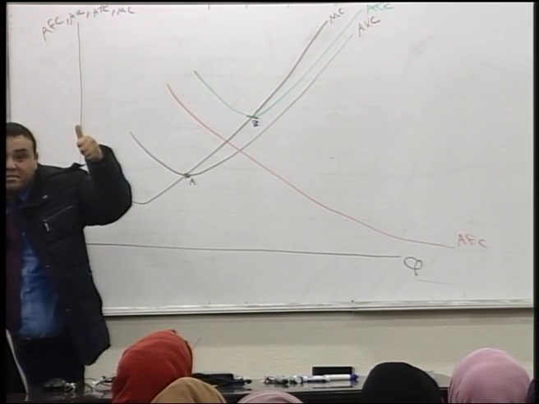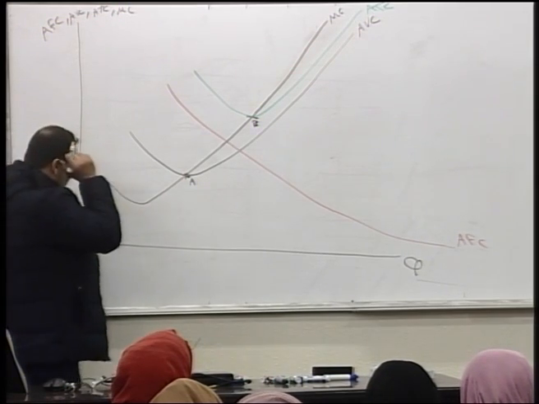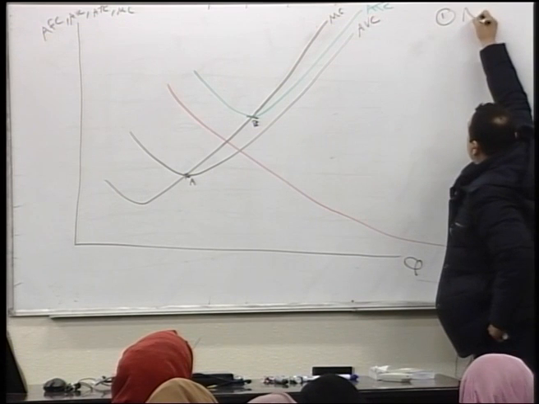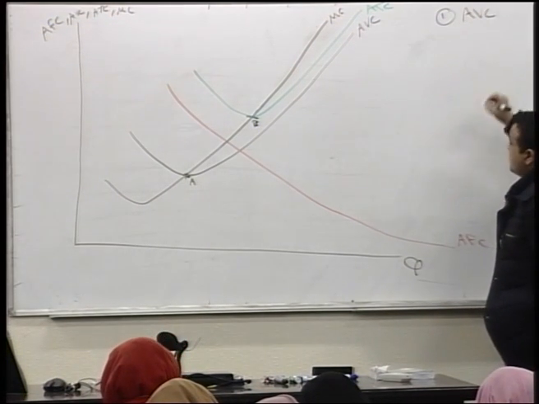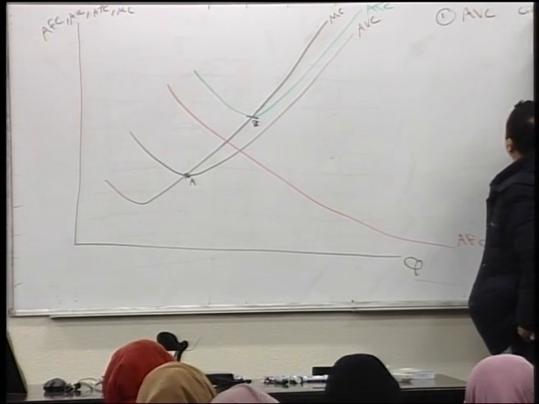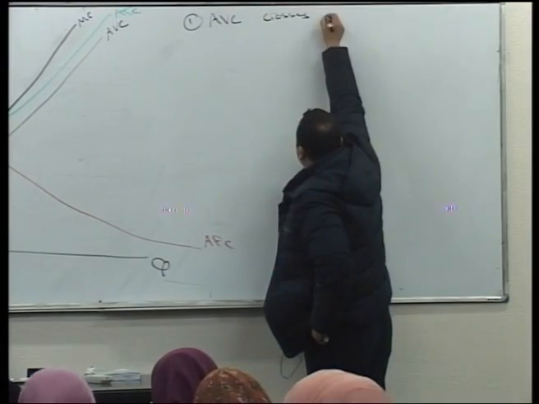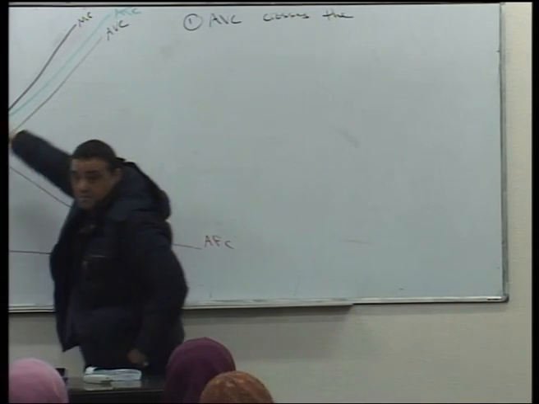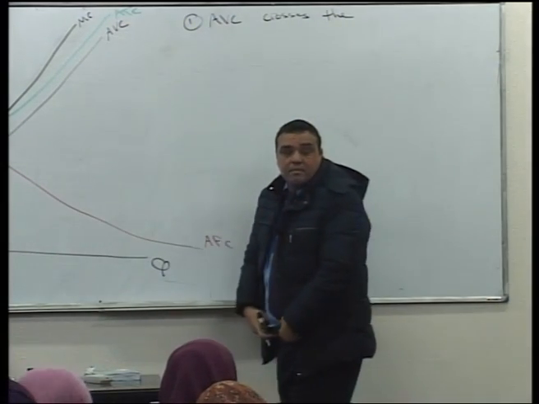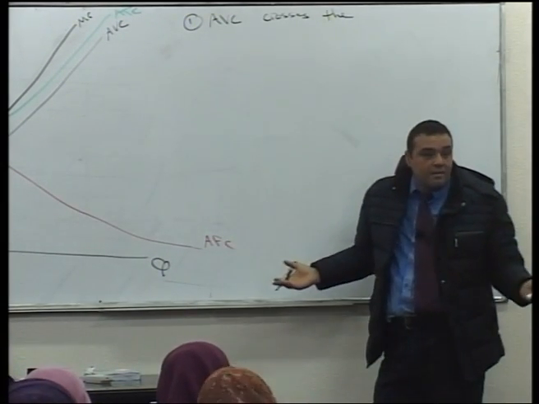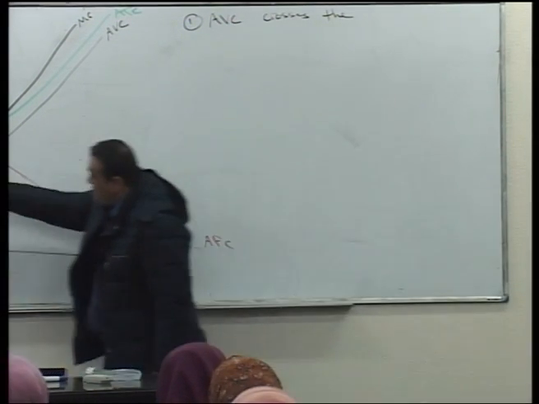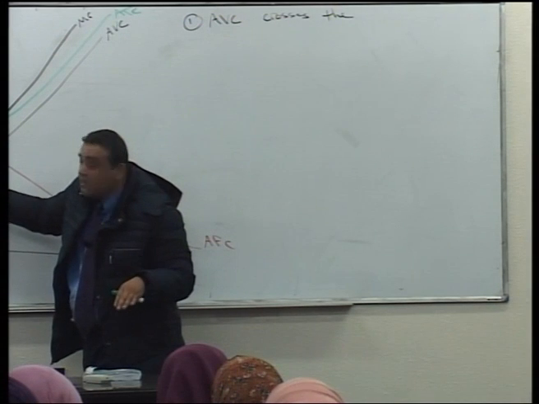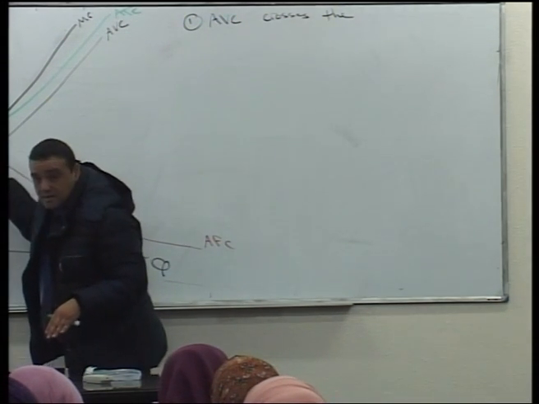The average variable cost, AVC, number 1. AVC crosses the marginal cost curve at the minimum of what? AVC, right? Where do they intersect? At the minimum of which one, the AVC or the MC?